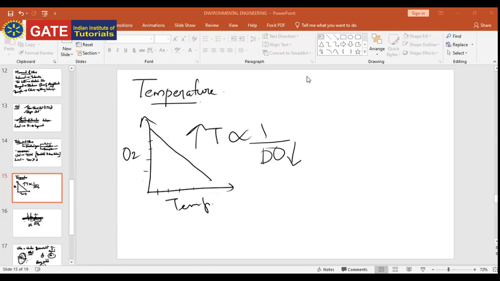Loss of aquatic species whose survival and breeding are temperature dependent. Wrote it, and after that you can write.